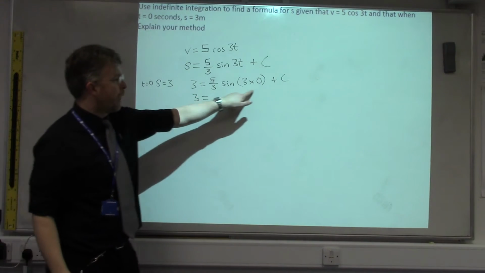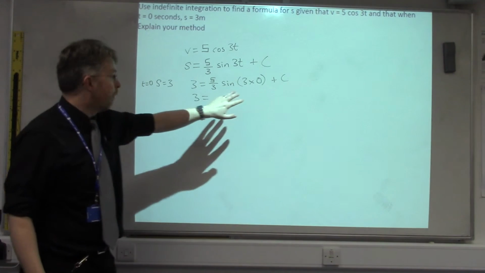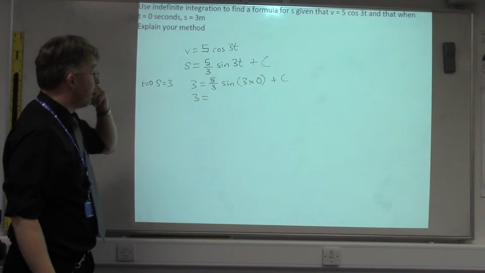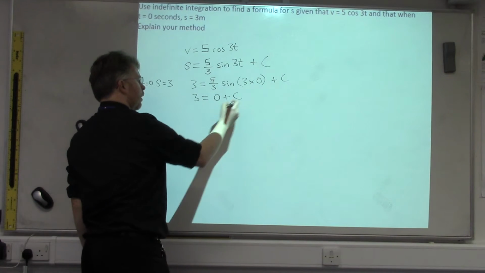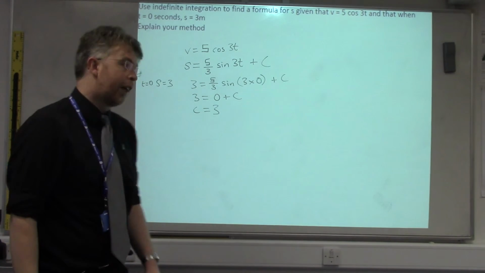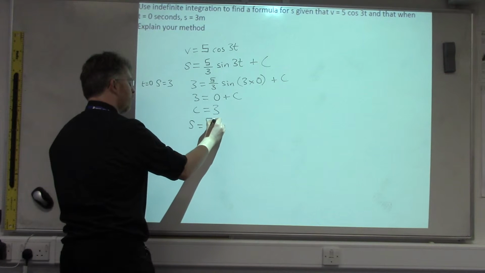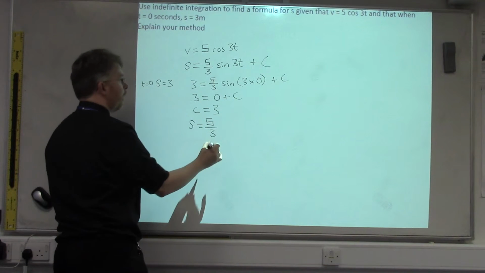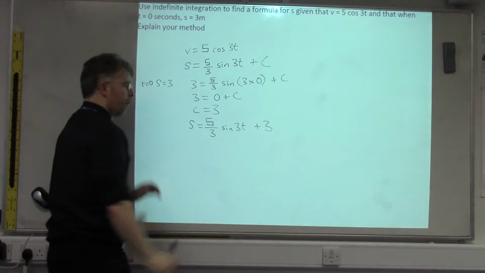If we stick this bit into a calculator, 5 over 3 sine of 3 times 0, the calculator will give us 0 out. So c is equal to 3. So our final solution is s equals 5 over 3 sine 3t plus 3.